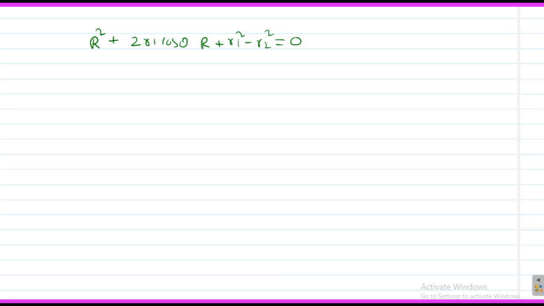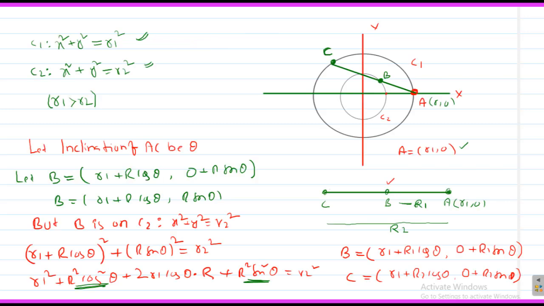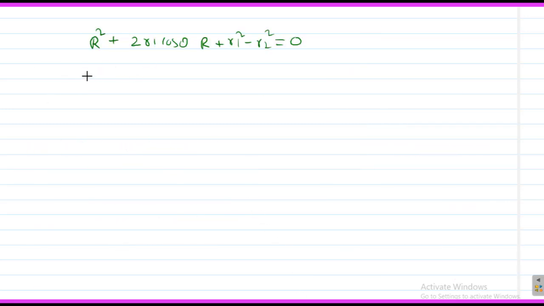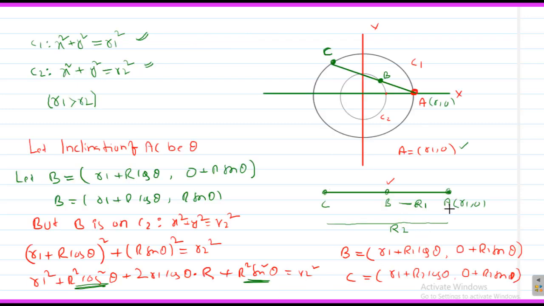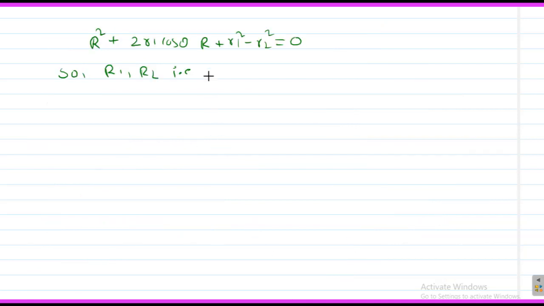This is the quadratic equation. Now what is the meaning of this? R1 and R2 here, that is AB and AC, are the roots. A quadratic has two roots.